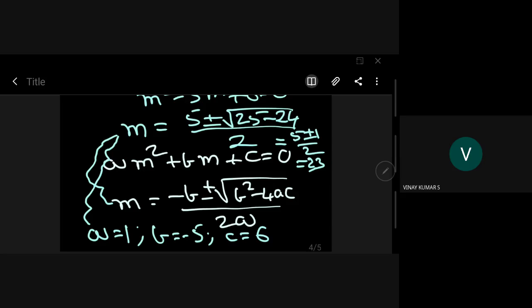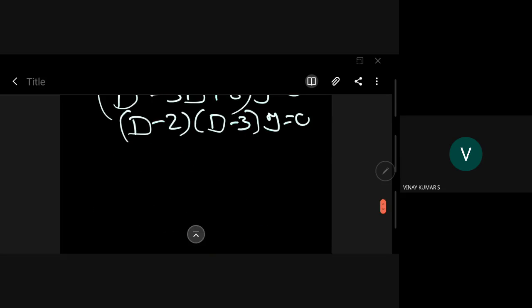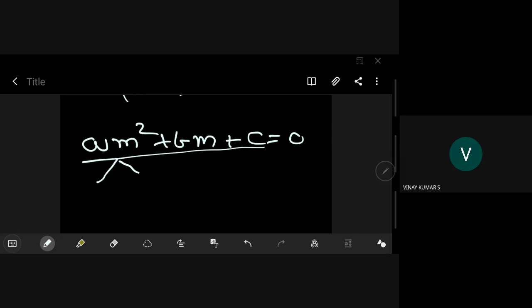This we know. So what are the possible choices of roots? When we are dealing with am square plus bm plus c is equal to 0, we have three possibilities. We may have two roots m1 comma m2, which are distinct.